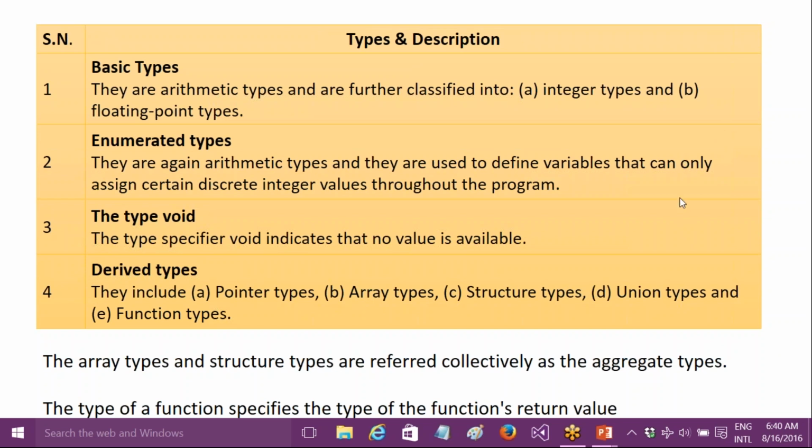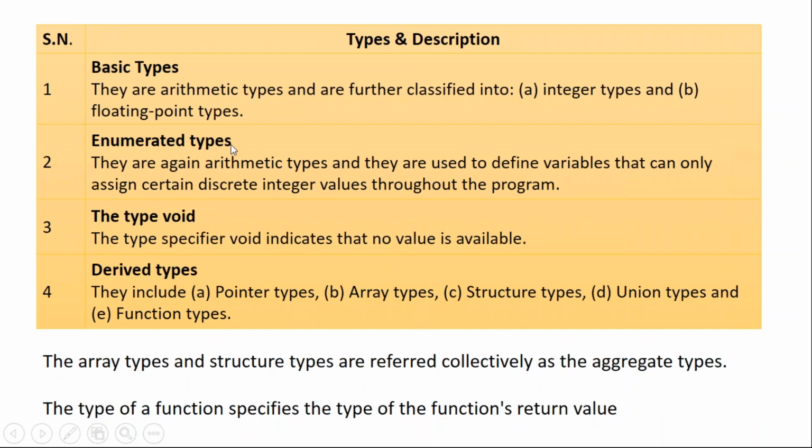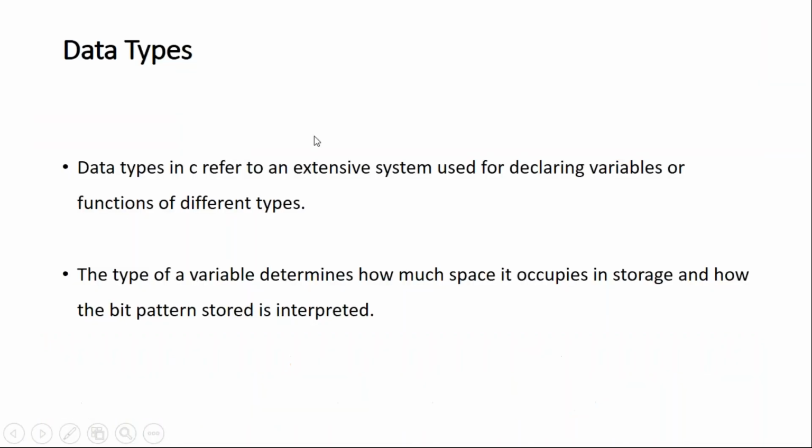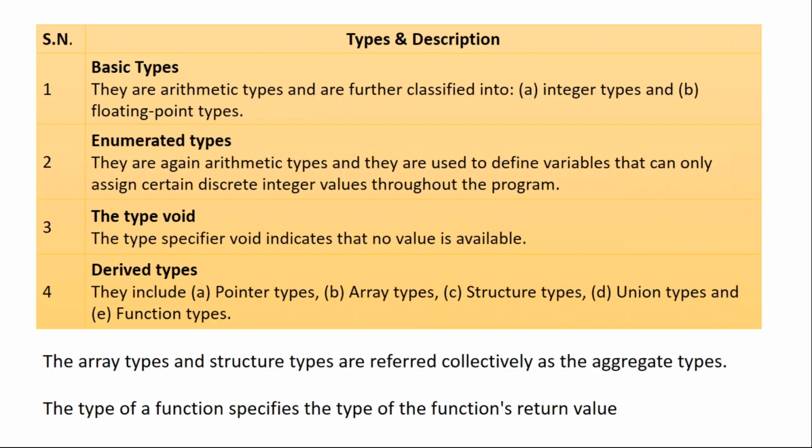So these are the data types that we are looking at, a system which can operate on the data. These data types can be classified into several types. There are basically four types.